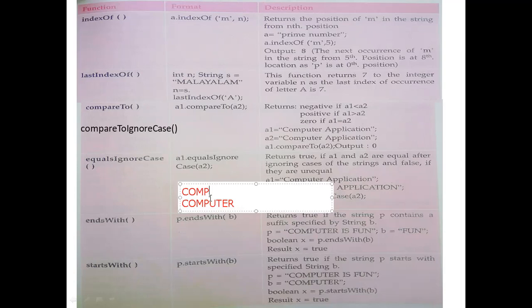That is compareToIgnoreCase. Is it clear? See, we have four functions. One is equalsIgnoreCase. They give true or false as the output, whereas compareToIgnoreCase gives difference in the ASCII value. Is it okay? Yes, sir.